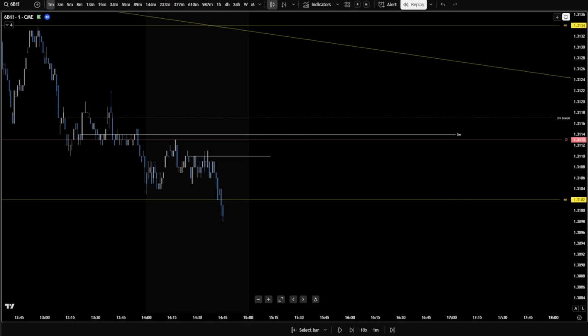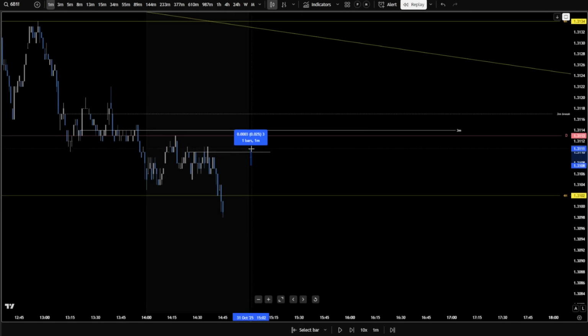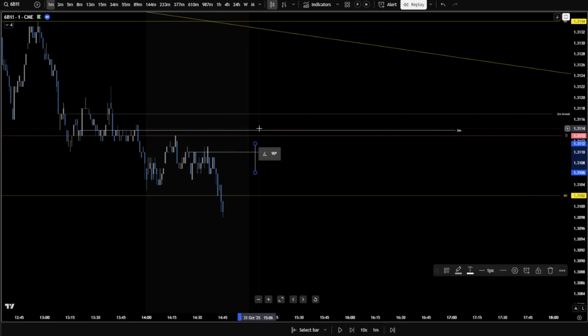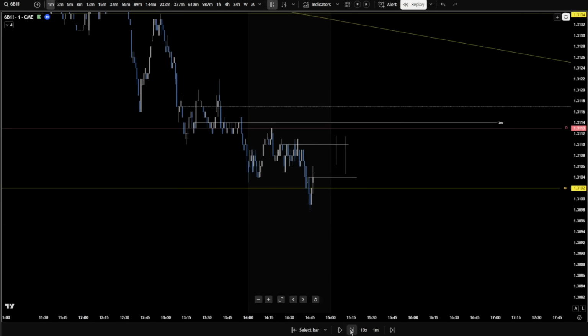So ideally the price should hit this, but not the 3 minute, and then we can buy this 1 minute if it goes up. Okay, starts to move up, breaks this level.